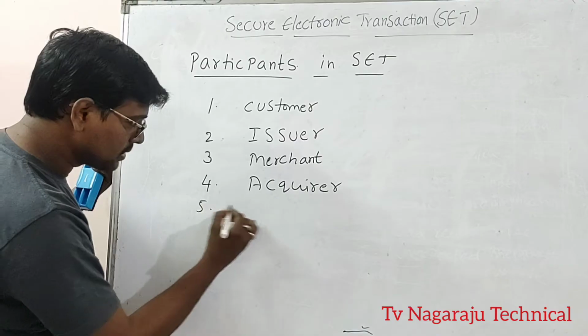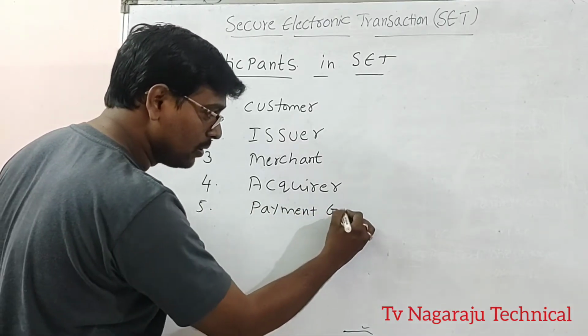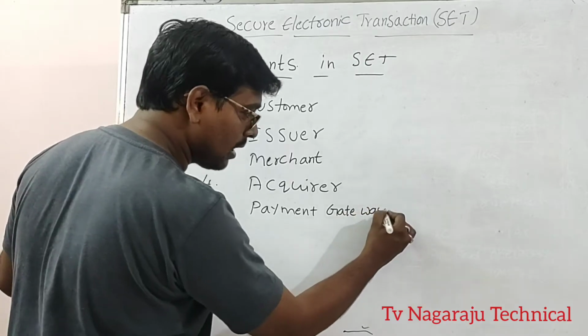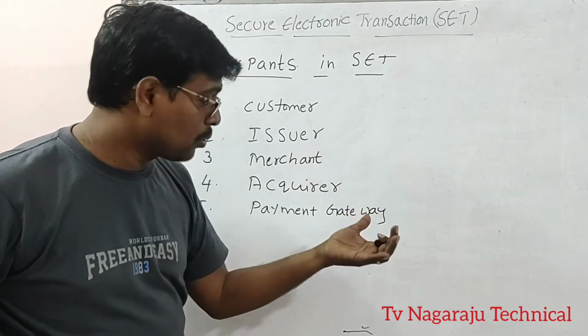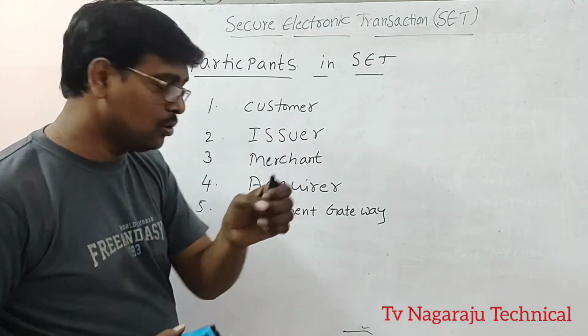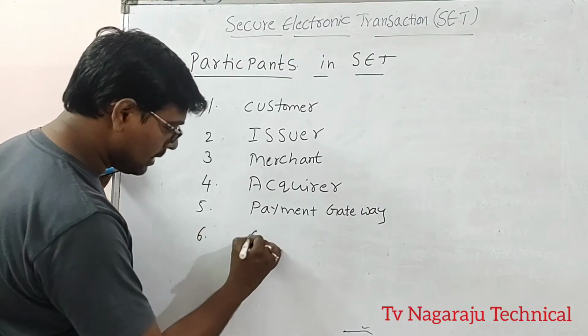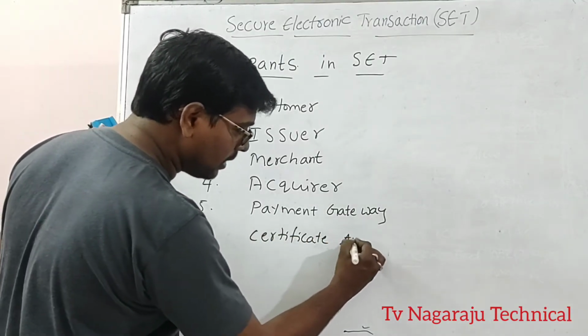And who are the other persons required? Payment gateway. I think everyone knows this one. During an online transaction, a payment gateway is involved, where payments are processed using either MasterCard or Visa. Finally, the certificate authority.